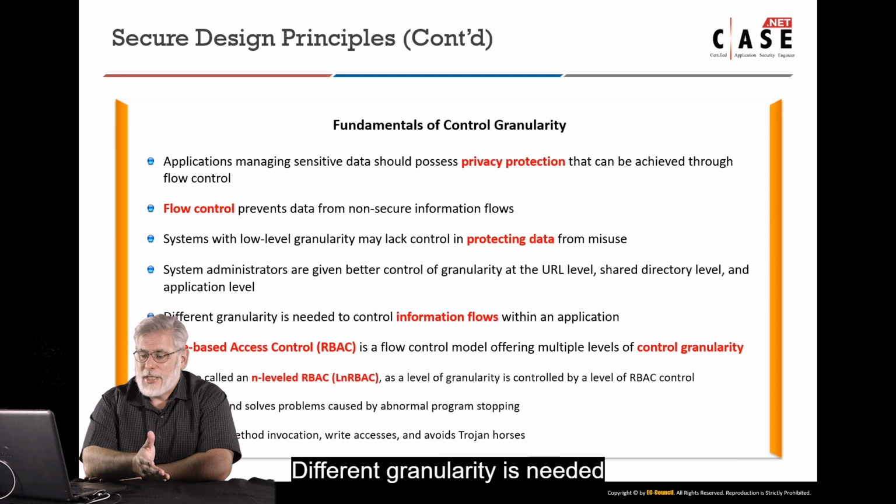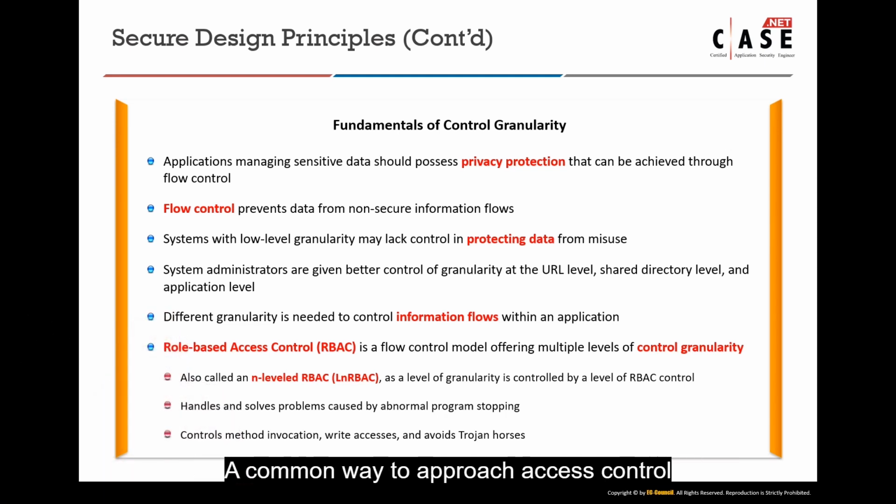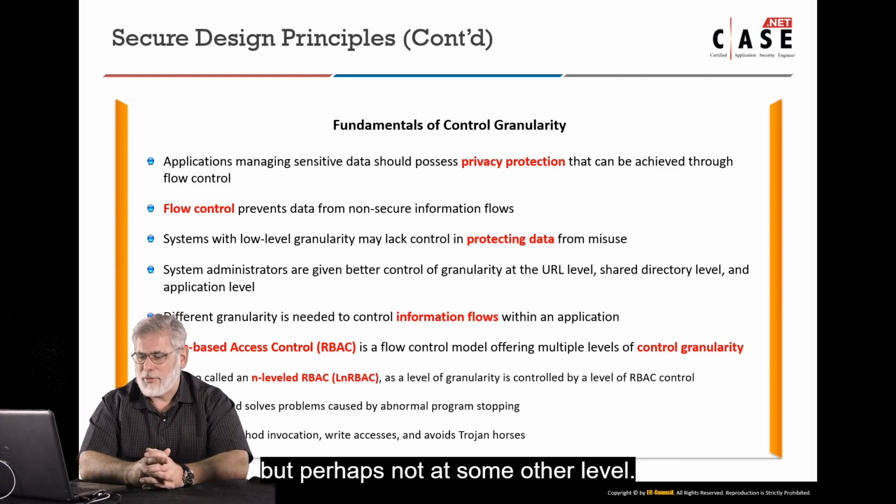Different granularity is needed to control information flows within an application. A common way to approach access control is what's called role-based access control, where people are given access based on a role. And this can be done in multiple levels, which is called multi-level role-based access control. So you have access to this data at this level, but perhaps not at some other level.